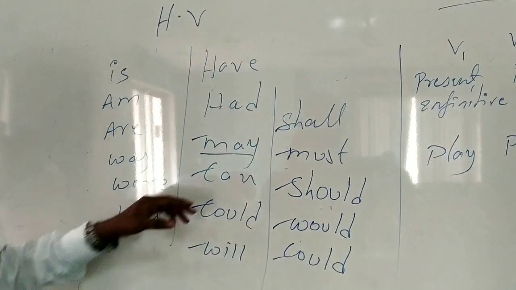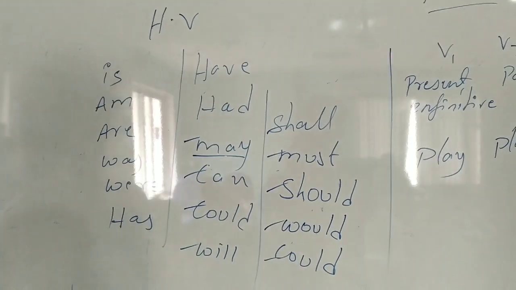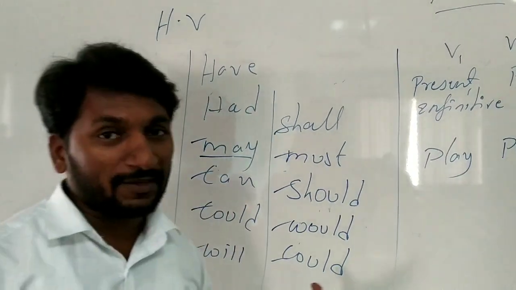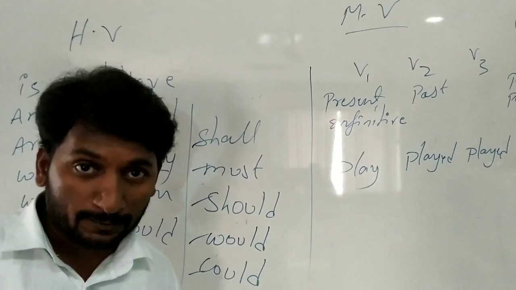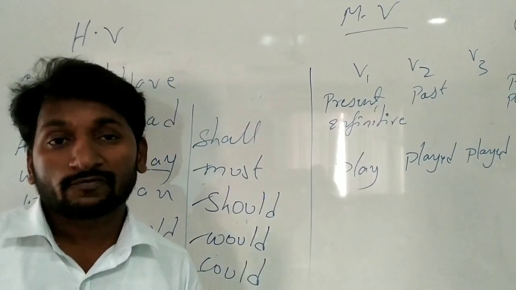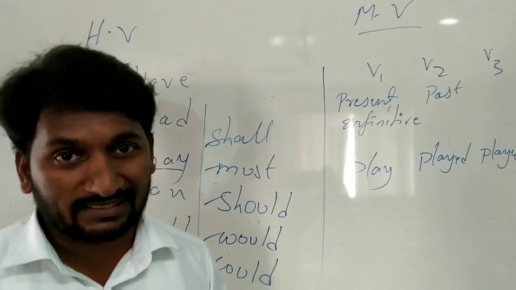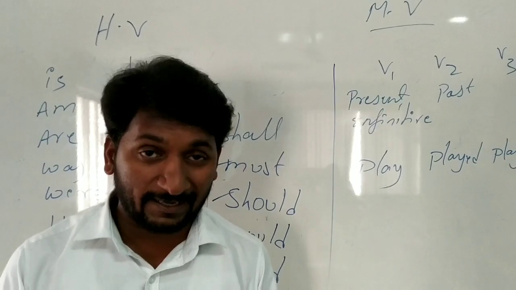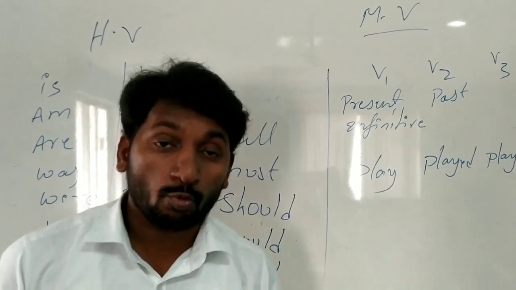Now I'm going to tell you the two roles that may is going to play in a sentence. We use all these helping verbs, action verbs, and pronouns. Every time I don't tell my name; instead I use words like I, we, they.